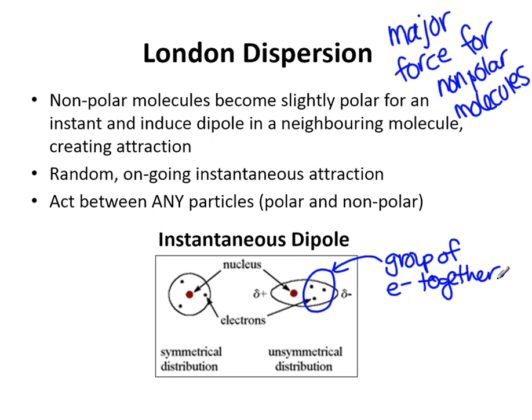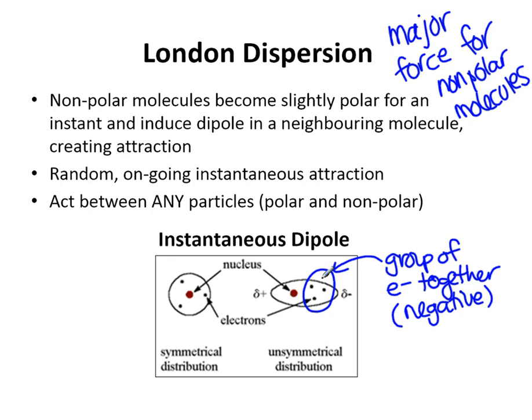So what happens when you group a whole bunch of electrons together? That's going to build up negative charge. And then all of a sudden you have a molecule that looks somewhat unevenly distributed, or you could say an unsymmetrical or non-symmetrical molecule. What does that do?